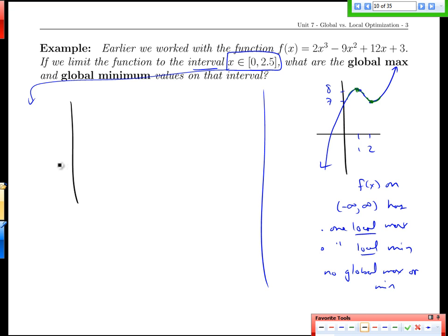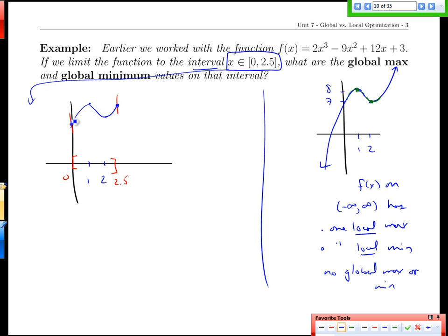Then things change, because we have our two critical points still on the interval, and then we are going to impose a limit of 2.5 here and 0. I know the function has this rough shape, and then we're going to cut it off, and we're including the endpoints here.